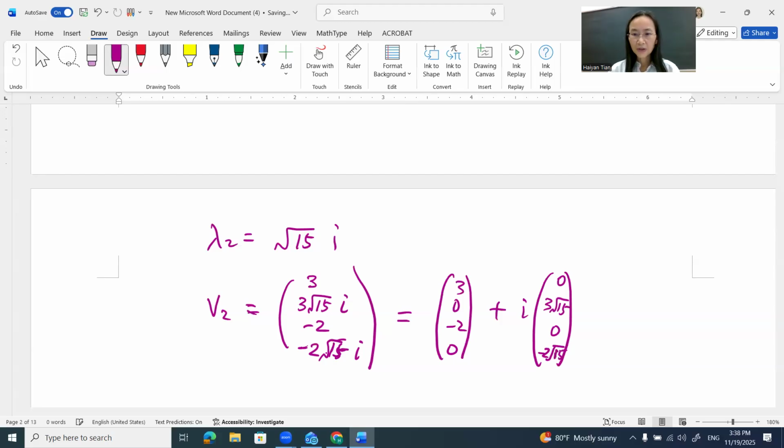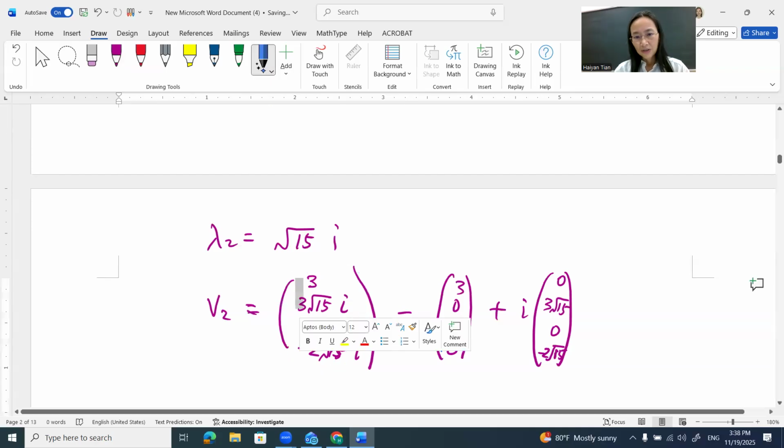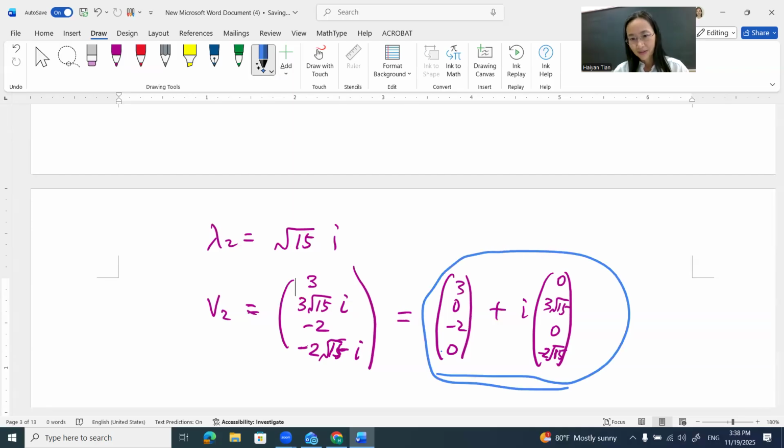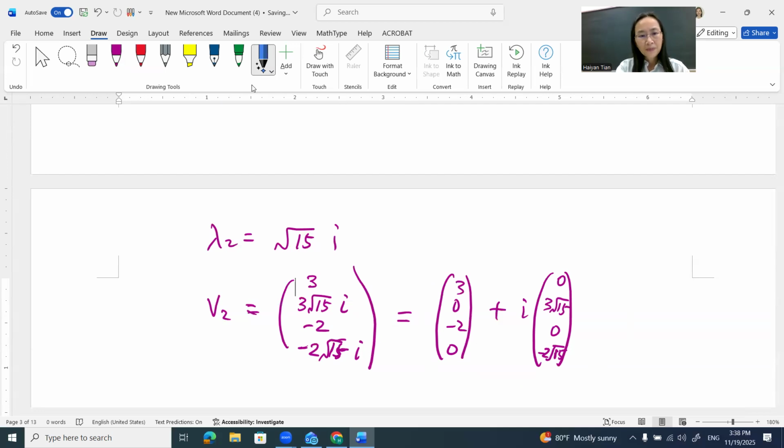So this is a way to rewrite the complex eigenvector, so you can see it's clearly complex, with the real part plus i times the imaginary part.